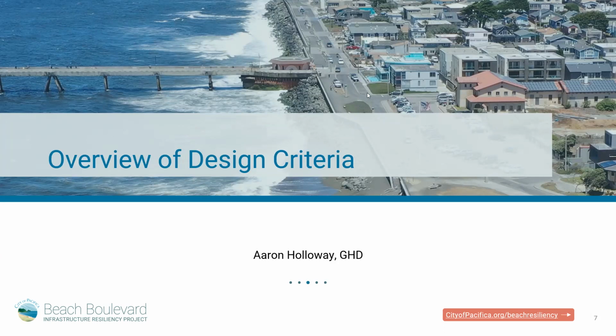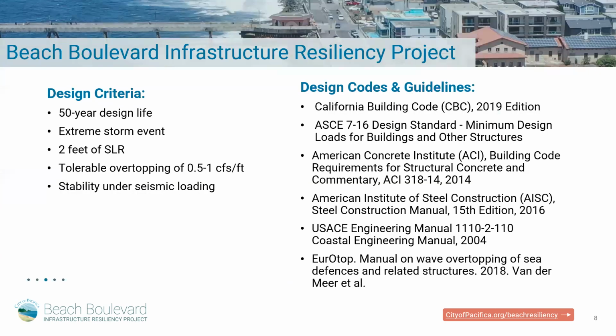And so as we move into preliminary design, I just want to give a refresher on the design criteria, which provide guideposts for us as engineers in designing the structures and the size, the height, all those items. So the next slide, we'll highlight a few of the key criteria. So we're looking at a 50-year design life.